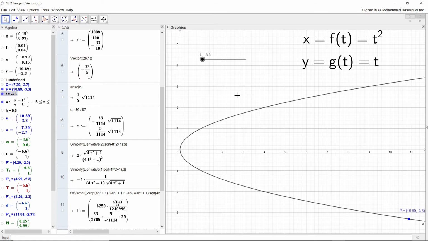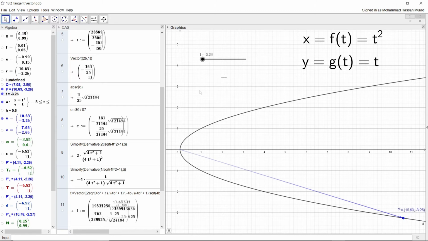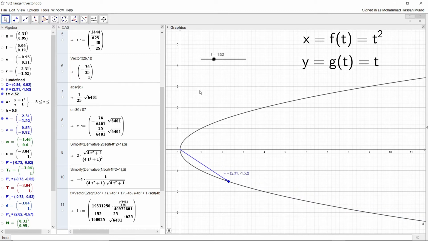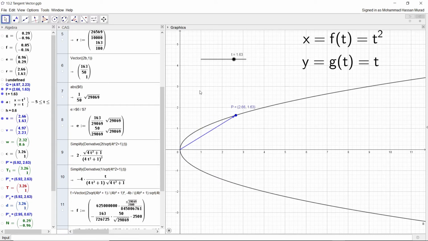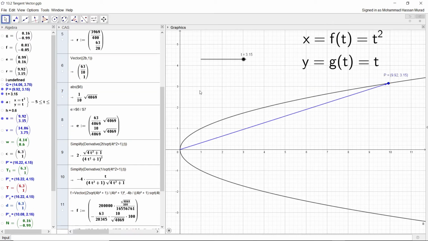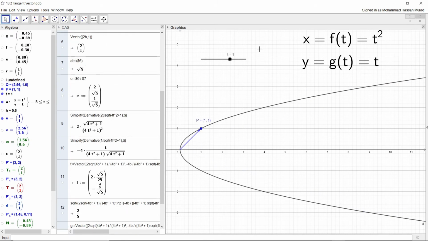In an earlier section, we saw that the curve was generated by the tip of the position vector of the point P at different moments. Now let's consider a particular moment when t equals 1. Then the x-coordinate of the point is given by f of 1, which is 1, and the y-coordinate is given by g of 1, which is also 1. So the particle is located at the point with coordinates 1, 1.